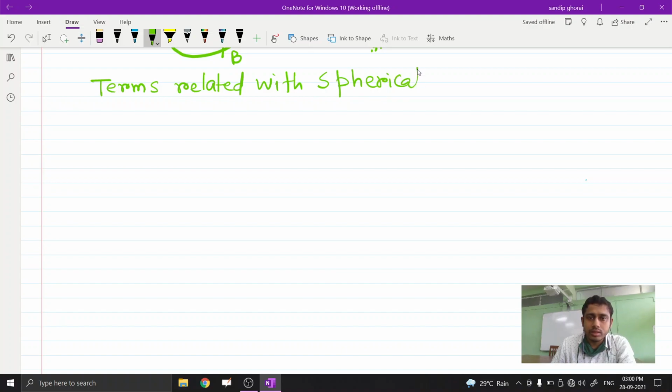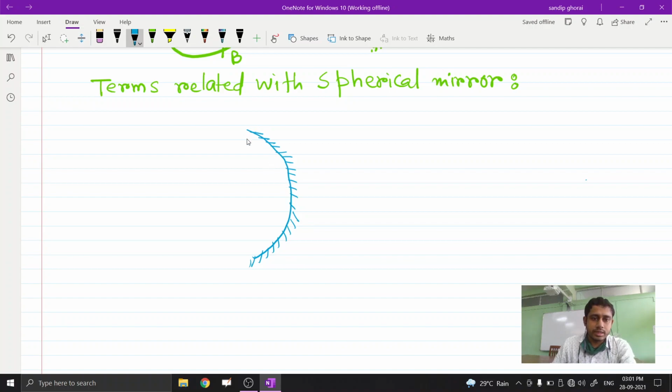First we draw a picture of a concave mirror, as the reflecting surface is concave.